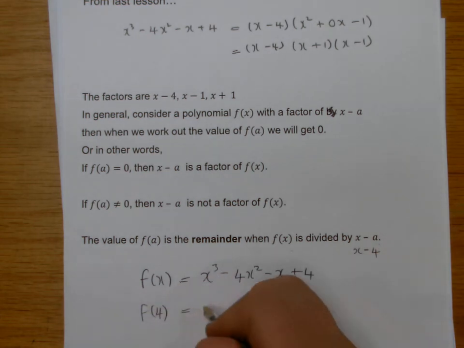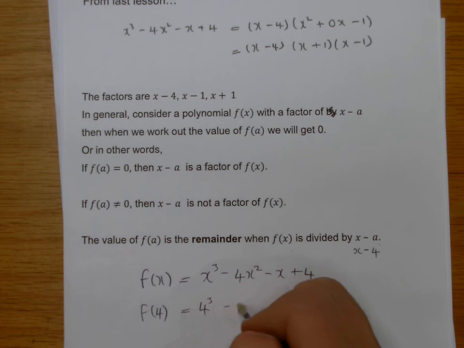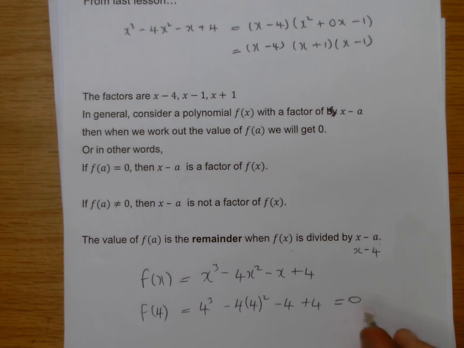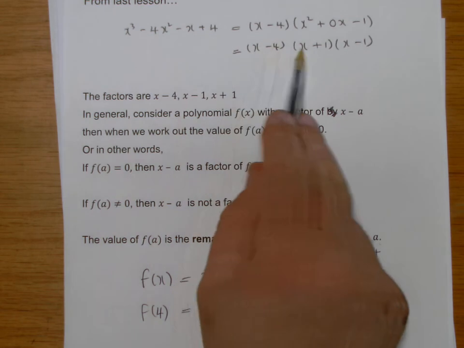If I put 4 in here and work this out on my calculator, it comes out as 0. Because it comes out as 0, the remainder is 0, which means x minus 4 divides into this perfectly. And we'd expect that, because it's one of the factors.